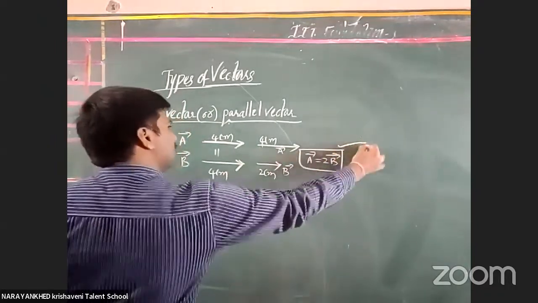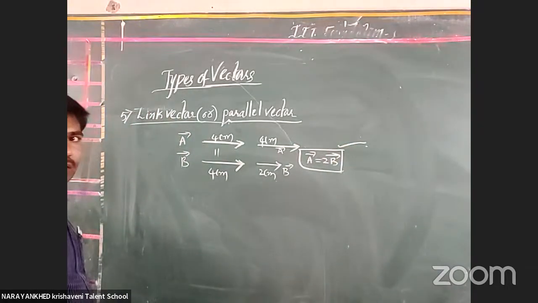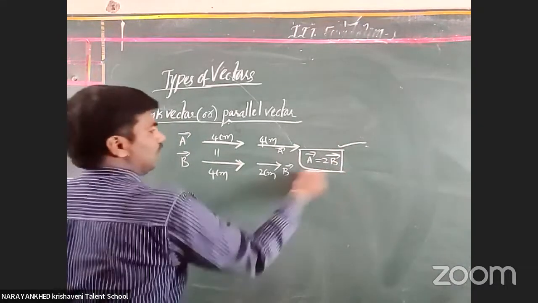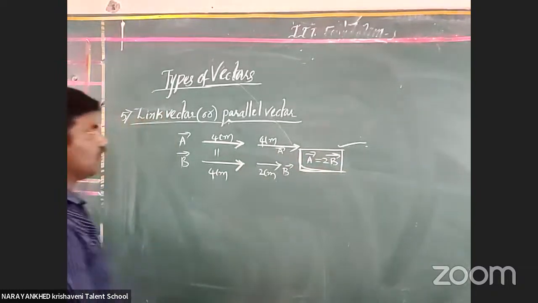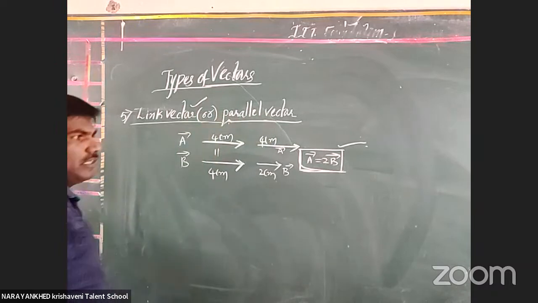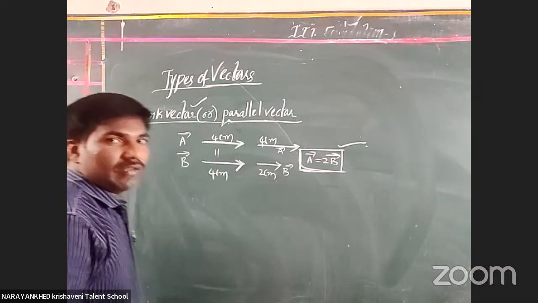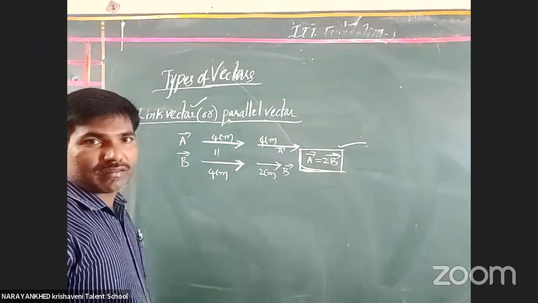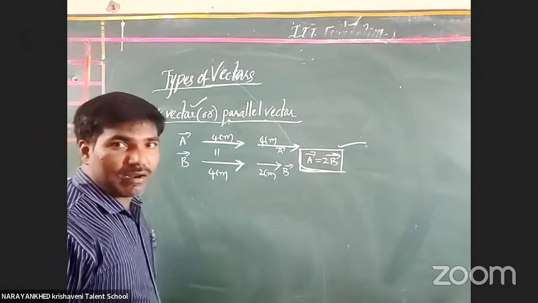So there is a relation. That is called a like vector, containing the same direction. That is called a parallel vector.